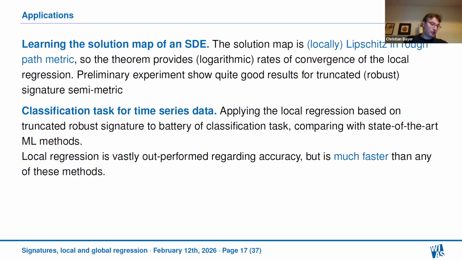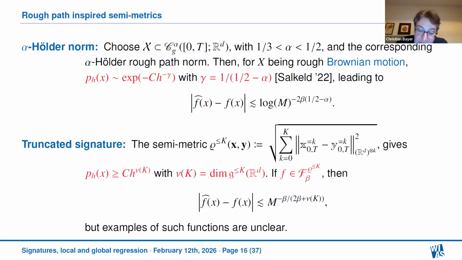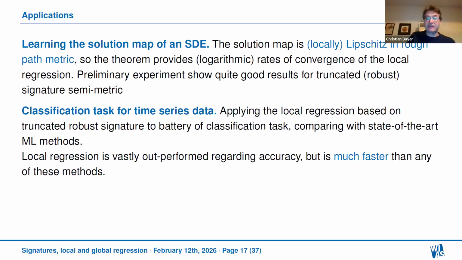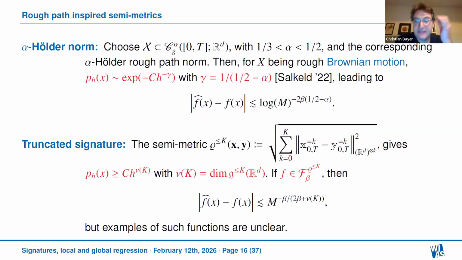Right, and then I'm going to show you a couple of plots. We were very happy with this result because, if you put this together, it gives you a provable rate of convergence for the task of learning the solution map of a stochastic differential equation using this rough path metric. If you want to use the signature, we don't know that the solution map would be Hölder continuous, and in fact, you would not expect this to be the case.